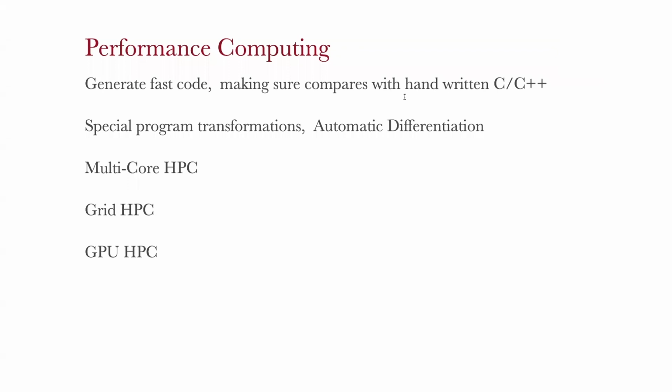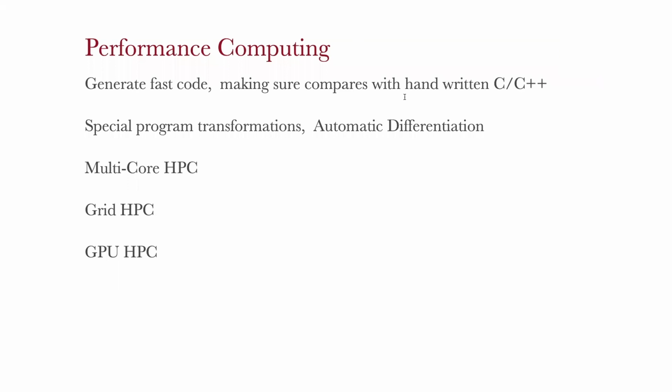The fundamental thing we need to do is to make sure that the code we're generating is fast, that it compares well with handwritten C or C++ that's compiled with other compiler systems like GCC or Clang.